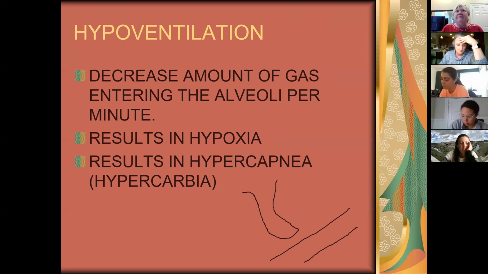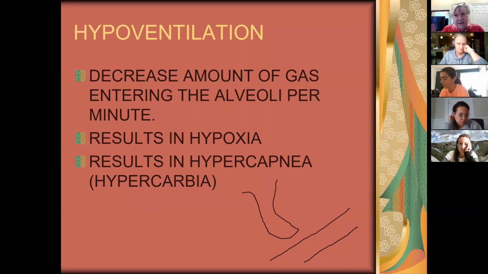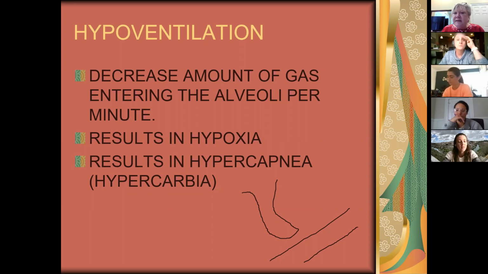Your alveoli, which is the little top one, is not being blown up all the way. It's open, but for some reason, you're not taking a good deep breath and you're not popping the balloon all the way open. Hypoventilating. So when you're not popping it all the way open, if I can get my pointer up there.